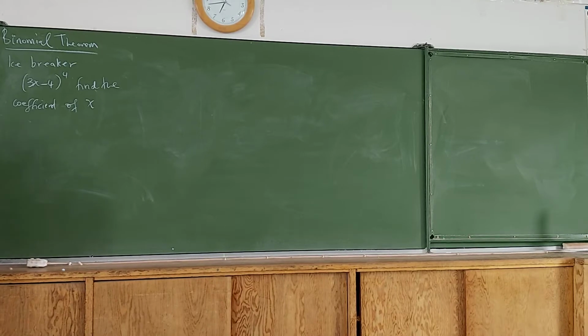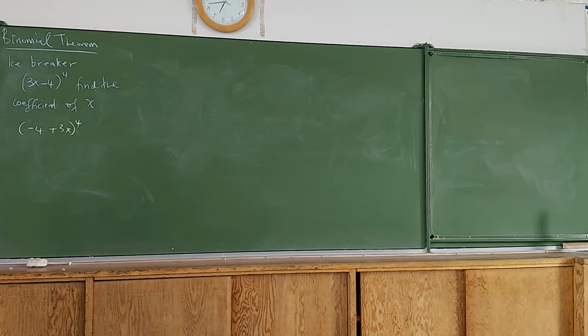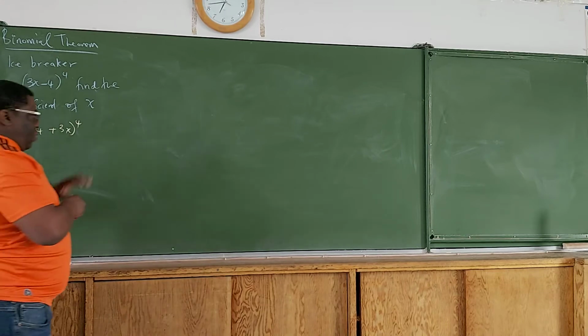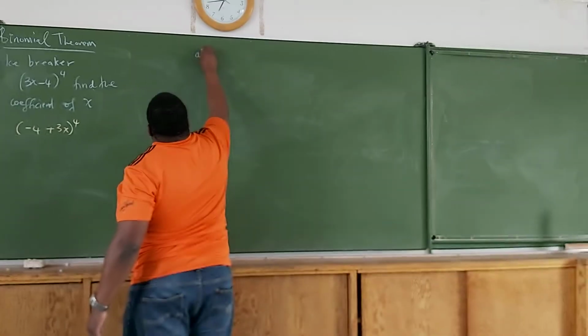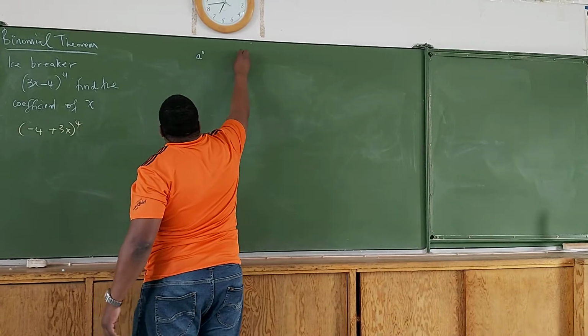So the way I would advise you to do this is take the terms in here and swap them around, because we are interested in the term that contains x. You understand? Now, while I have it here, let's just start from the beginning. So we're going to do this. So we have a raised to the power of 0, that gives you 1.